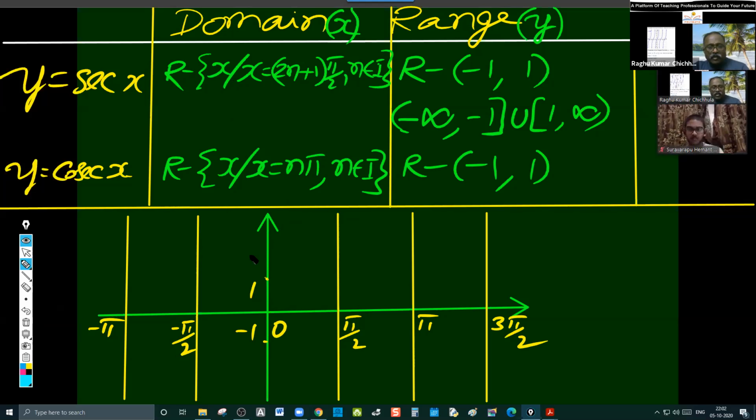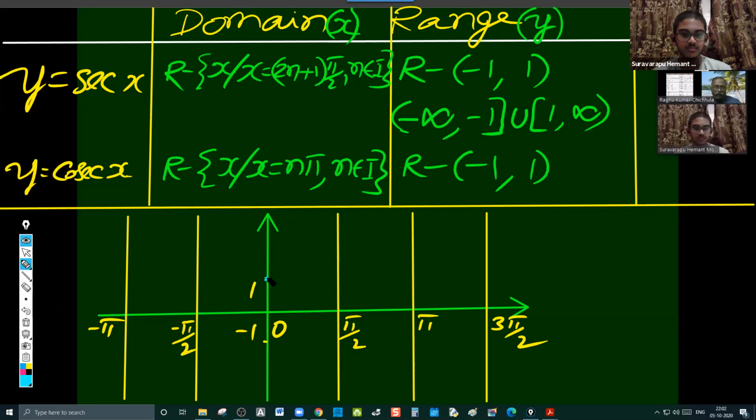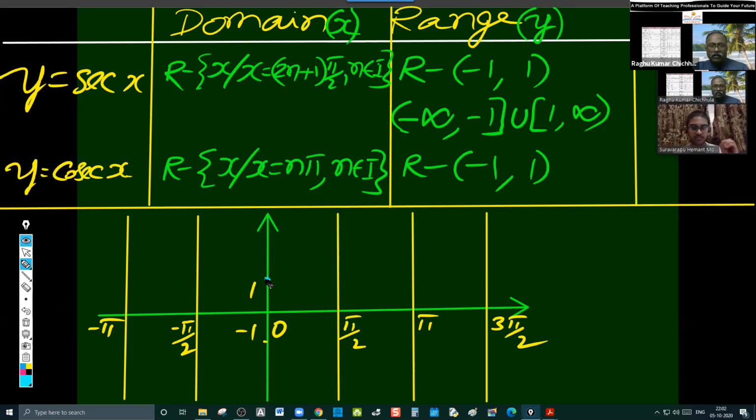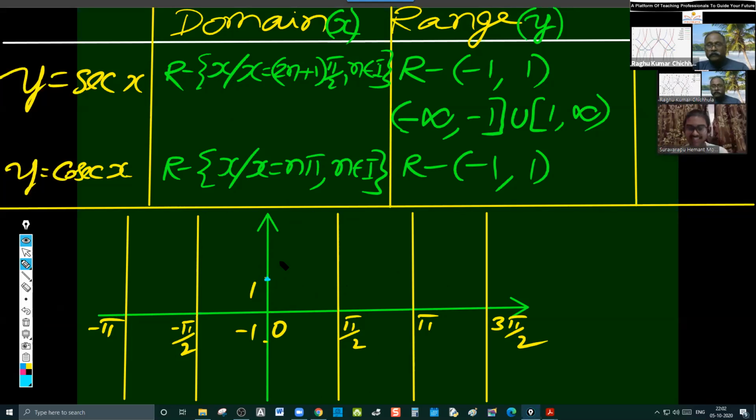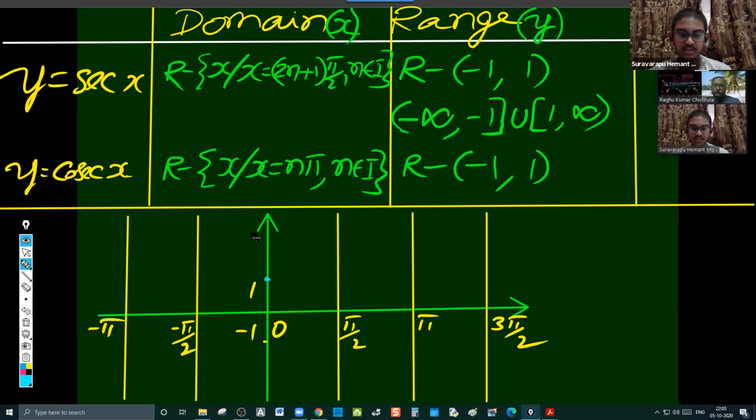What is secant 0, please? Secant 0 converted to cos: cos 0 is 1.